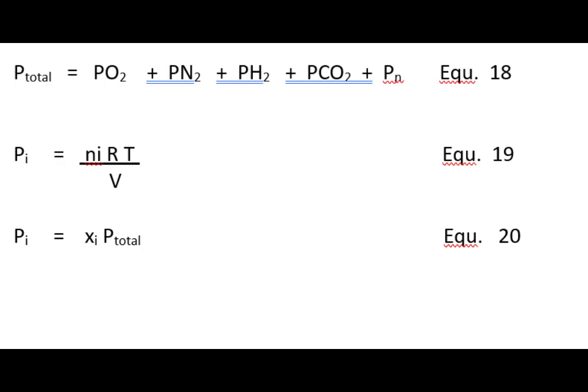Also, the partial pressure, Pi, of the gas molecule can be given in terms of its mole fraction, Xi, and total pressure, P total, as shown in equation 20. Recall that the mole fraction Xi is the ratio of the number of moles, ni, of a particular substance to the total number of moles, n total, of all substances present in the system, Xi equals ni/n total.